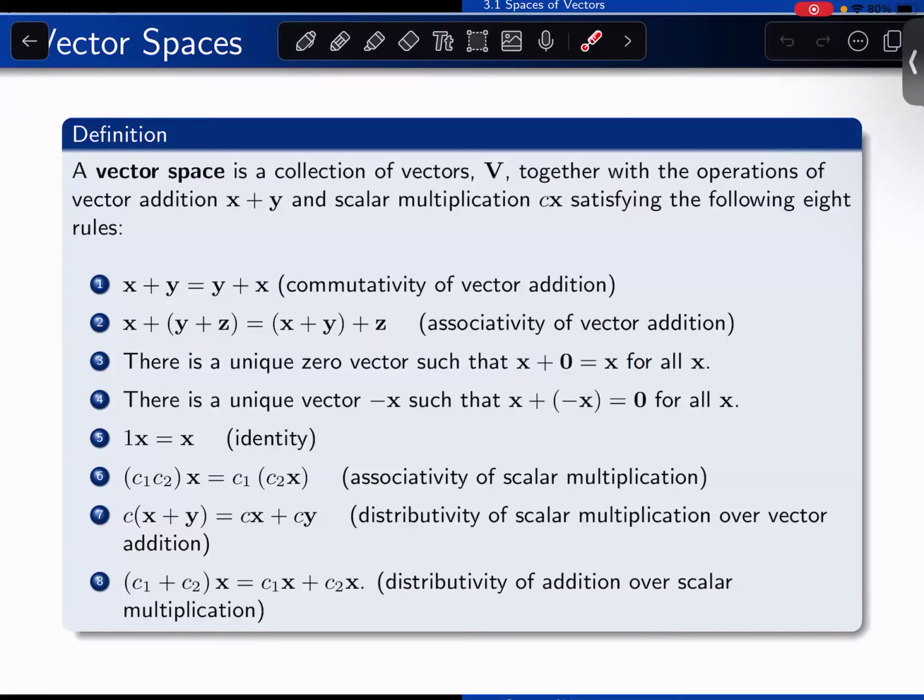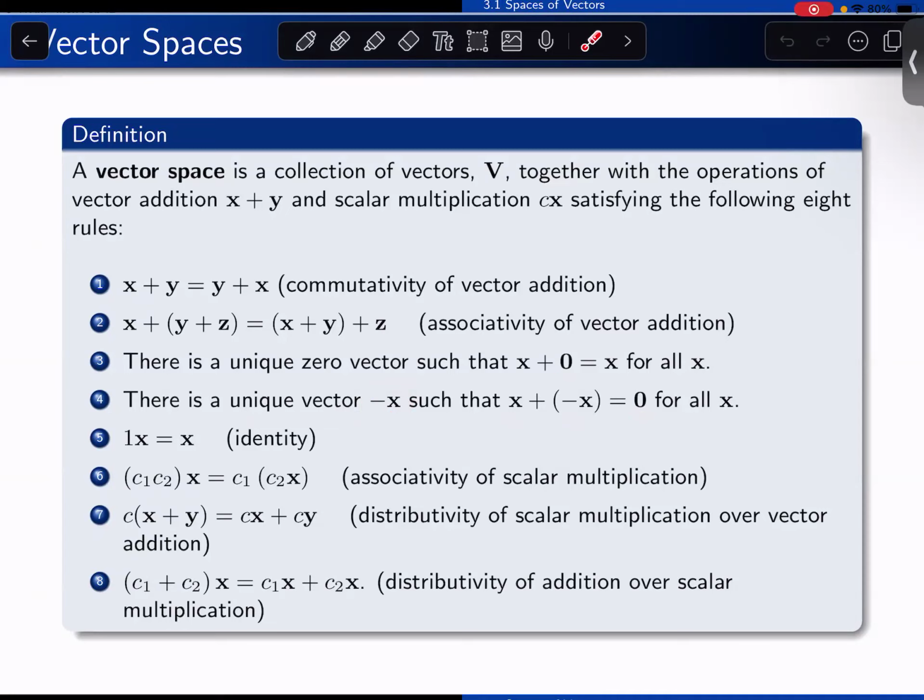And for every vector x, there exists a unique vector minus x, which is an additive inverse, meaning x plus minus x has to equal 0 for all of your vectors x.